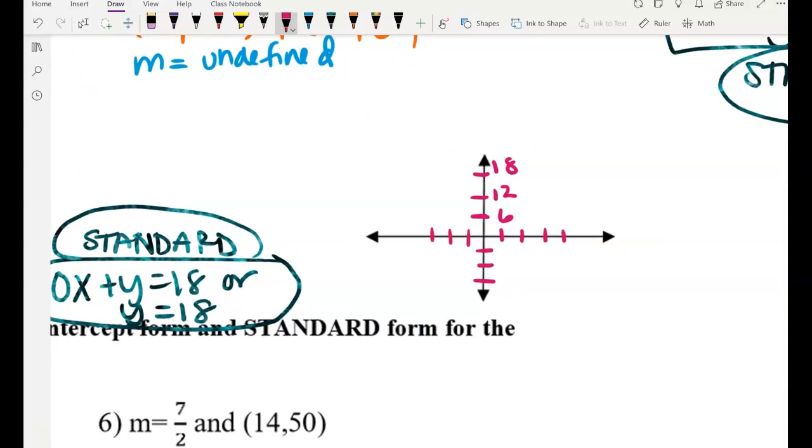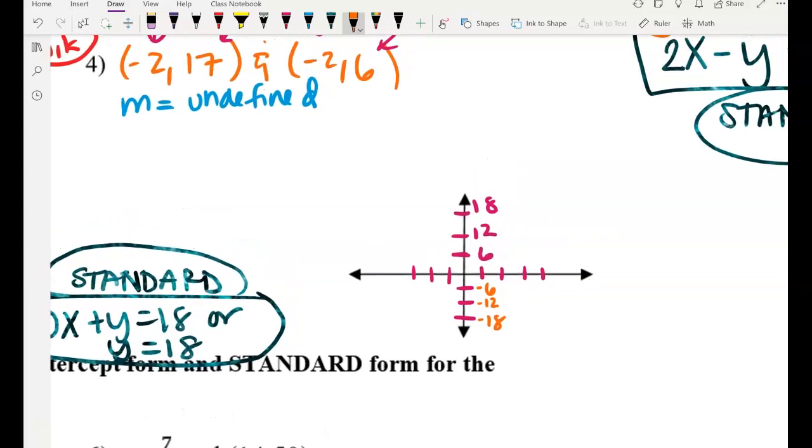If you do not number your tick mark, we are always going to assume that it's going to be 1. Okay, so on the bottom, -6, -12, -18. We have 2 dots, -2, comma, 17. So 17 is going to be near the 18 tick mark. -2, 6. So, well, that's -1. Okay, -2, comma 6. As you can see, these are the 2 dots, so we know what the line should look like.